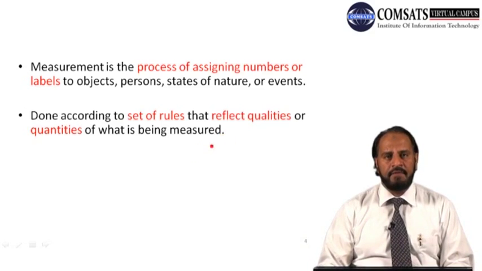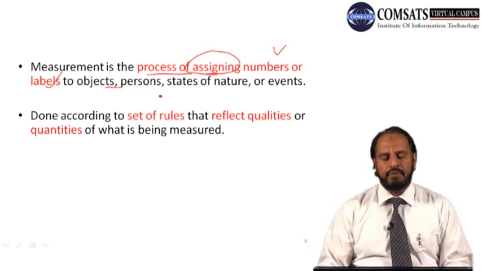So when we say we're measuring, we're trying to assign a certain number or a certain label to different objects and events, events like salary, objects like height, and so on. This assigning naturally needs to be done according to a set of rules.